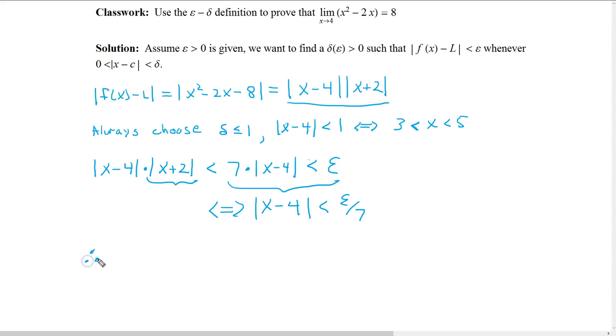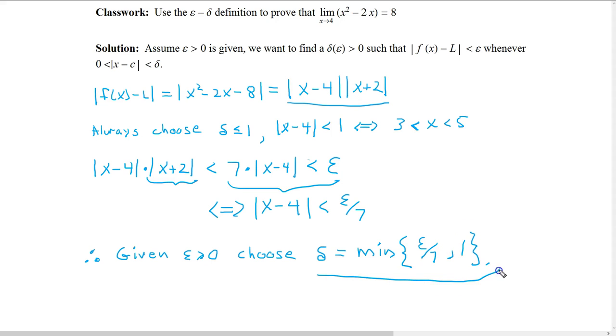So therefore, if we're given epsilon greater than 0, we would choose our delta to be the minimum of epsilon divided by 7 or 1. And there we have found our delta.